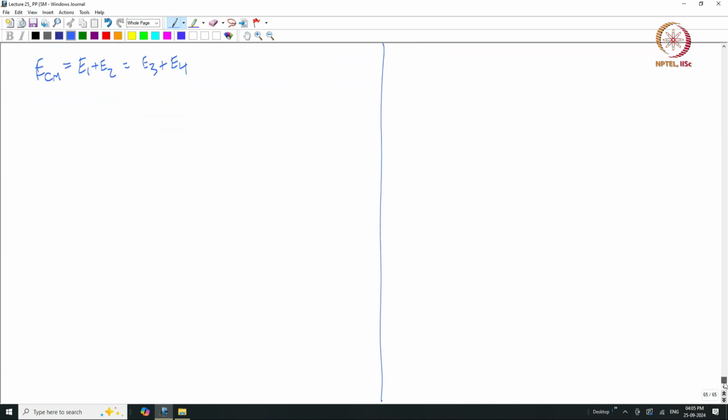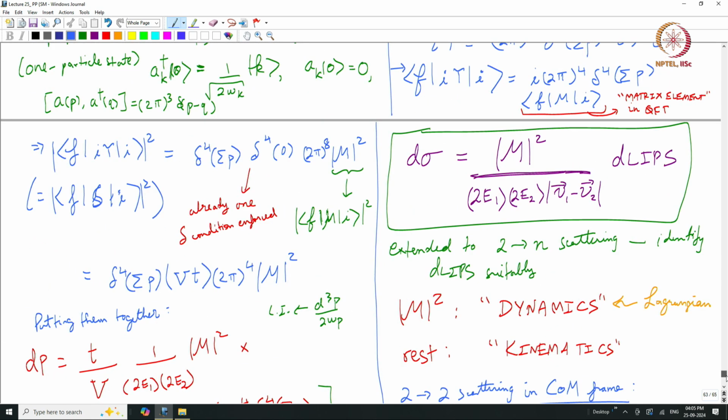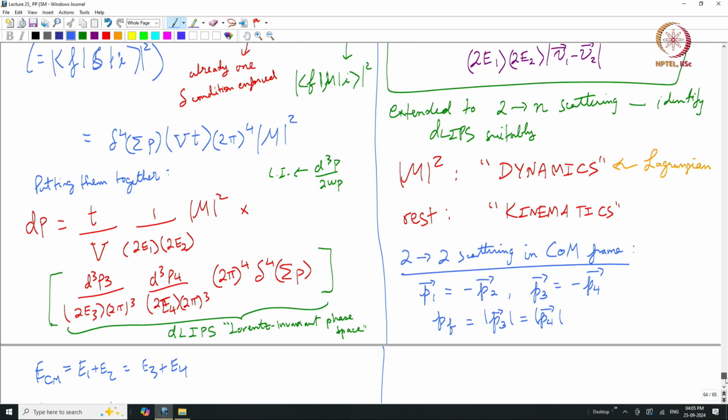Now in particular I can now write out what this Lorentz invariant phase space should be. Look at the expression down here for dLIPS. I have an integral over momenta, right, with a delta function, and then I have all these factors of 2 pi cubed in the denominator, right.